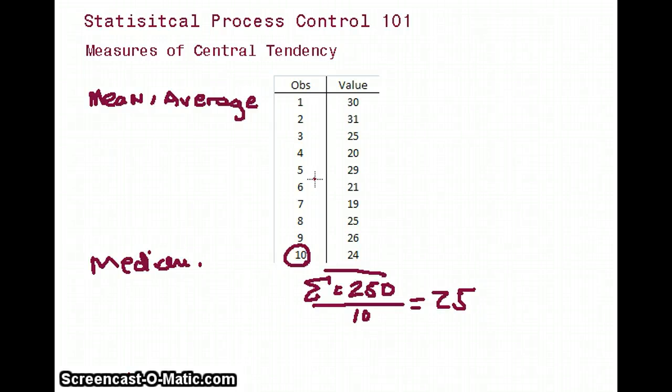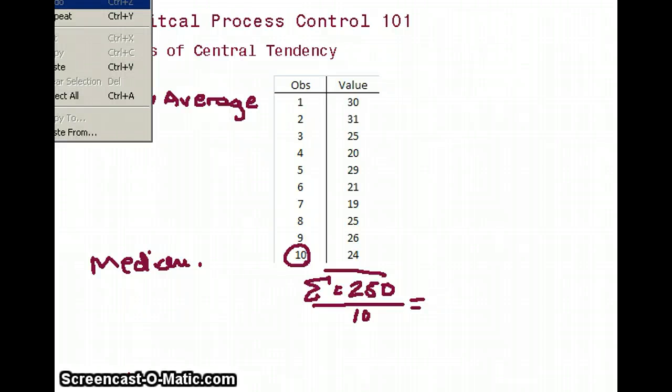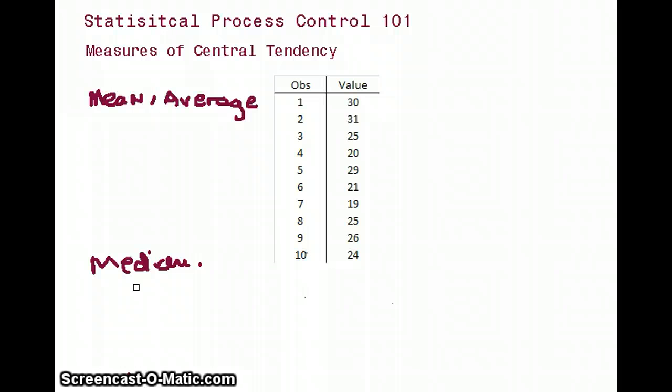What would the median be of this series of numbers? Well, let's figure that out. So the median is defined as the value around which 50% of the variables are distributed.